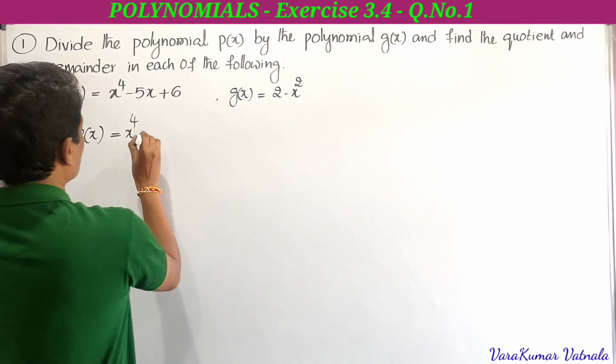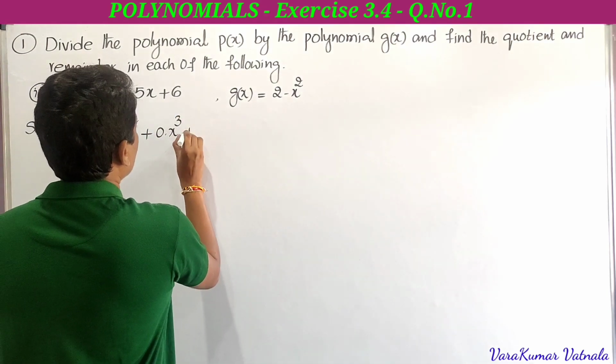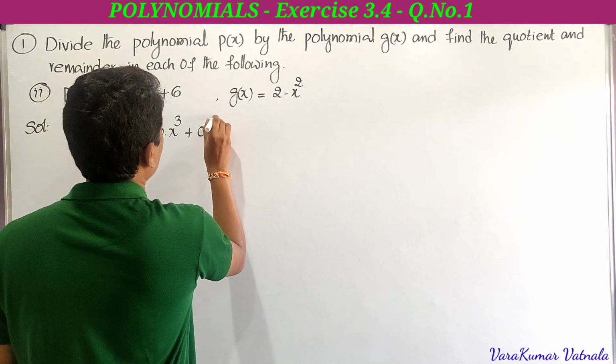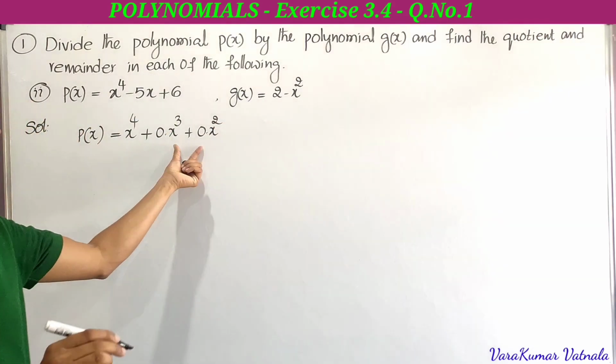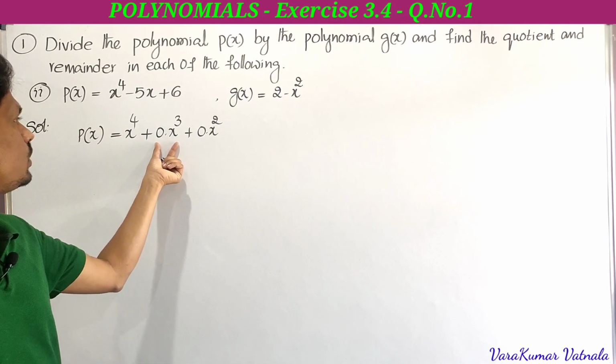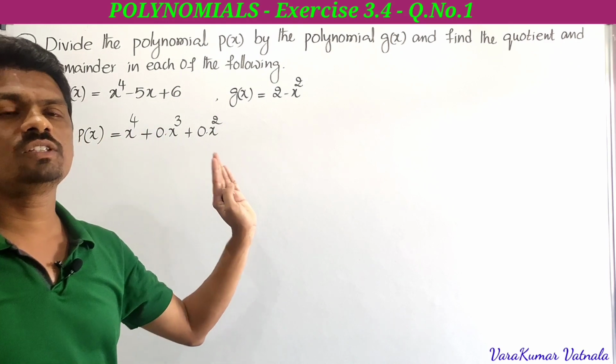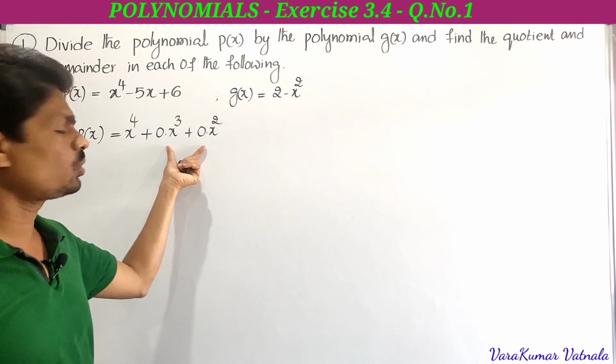For that we write 0 into x cube plus 0 into x square. There are no x cube and x square terms in p of x, but I am writing 0 into x cube and 0 into x square in order to complete the division very easily. We have to write it like this.